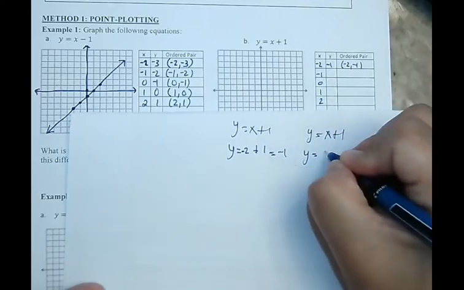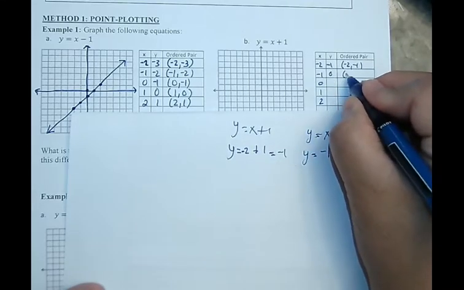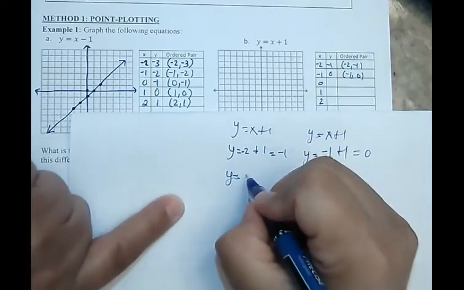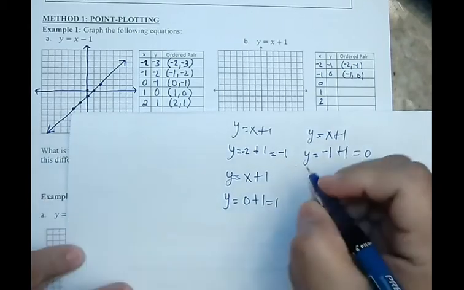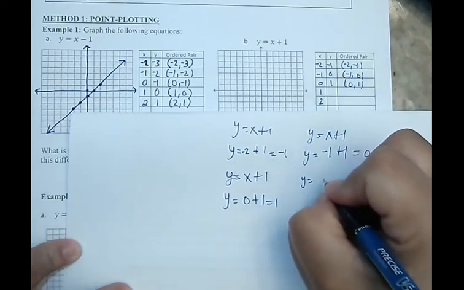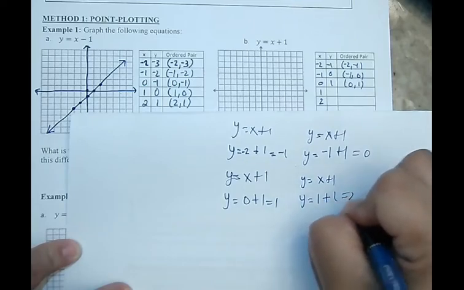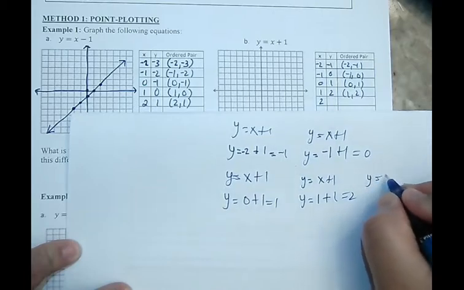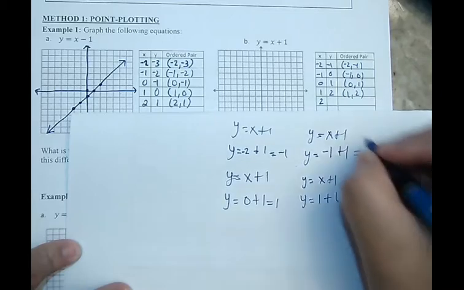So now for x, we're going to substitute a -1. So that's going to give me a 0. And for x, I'm going to substitute a 0. So that's going to give me a 1. And I'm going to substitute a 1. So 1 plus 1 is 2. And last, I'm going to substitute 2 for x, which would give me a 3.